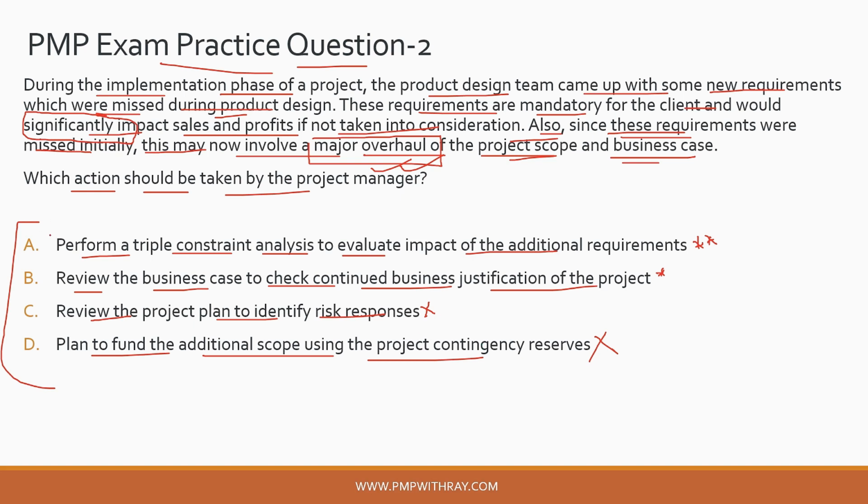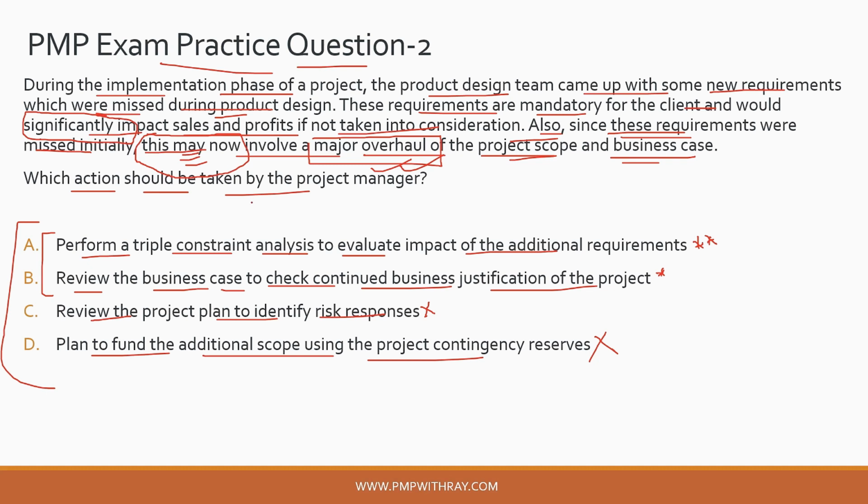Now if we come back to option A and B, guys, look very closely at option B. It is saying that we need to review the business case, which is okay, but you notice here that the question stem is saying that this may now involve a major overhaul. Notice this word may. It is not saying that this will definitely involve a major project overhaul.